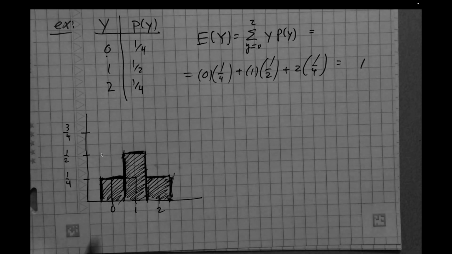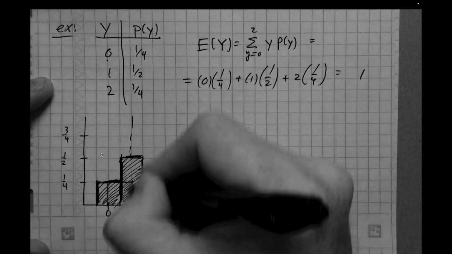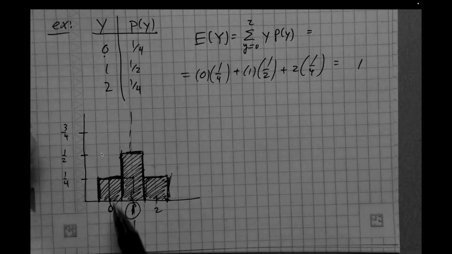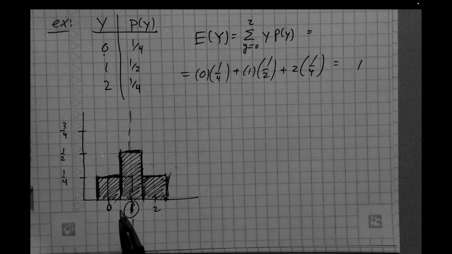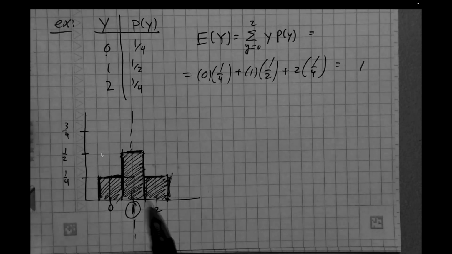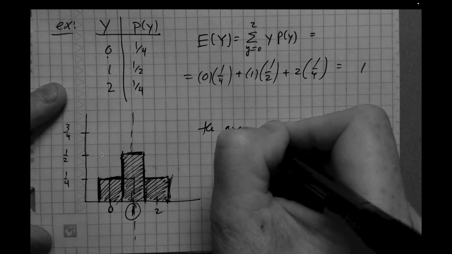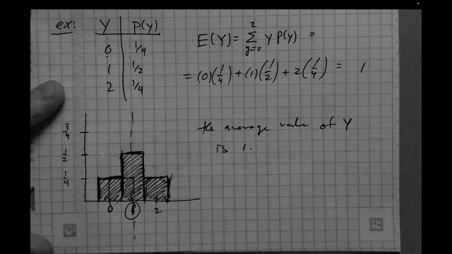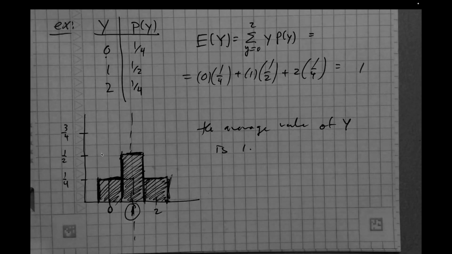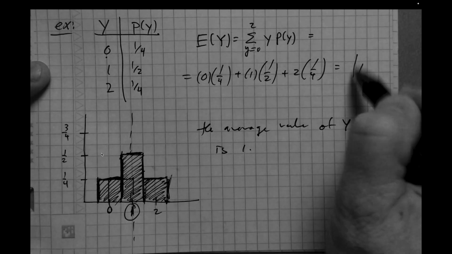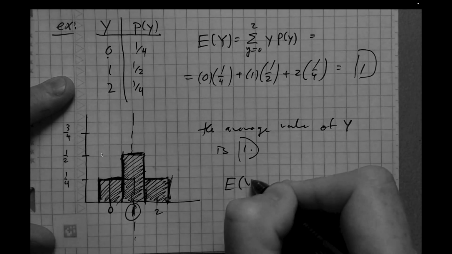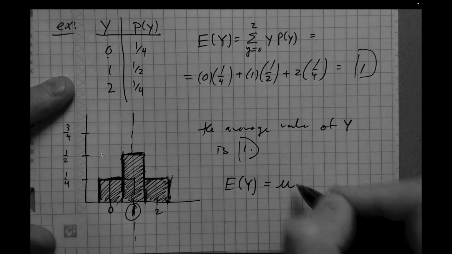Now, if you kind of look at this, you can see that it's a symmetric distribution, right? Meaning the histogram is symmetric around the value of y, right? And so if you remember your statistics days, this is going to tell you that the mean or the average value for y is 1, right? So the average is 1. Okay. And of course, this agrees with what we calculate for our expected value, as we should. And so for that reason, we will typically say that the expected value of y, we'll denote it as mu, right?